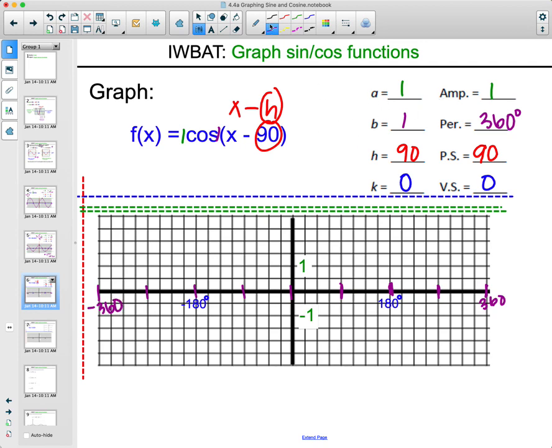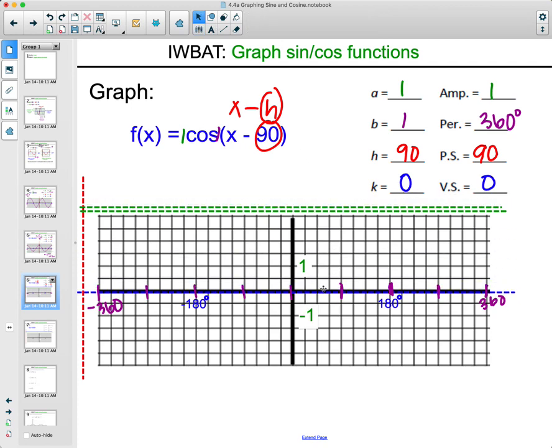Okay, now we're going to need to shift. So the B value, nothing, or the K value, nothing. So we can still leave the axis of oscillation, or the midline, at y equals 0. So this is still here at y equals 0. Now, the phase shift will have a phase shift happen. Okay, so normally it starts here. Now we're going to shift this to 90 degrees.